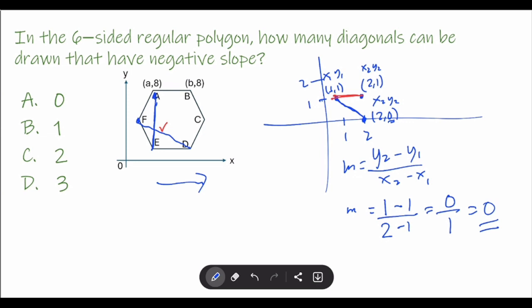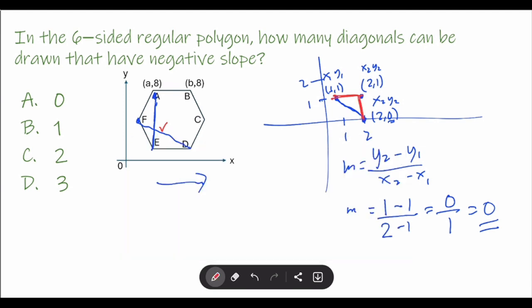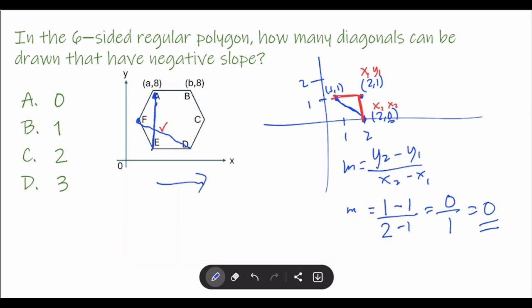If I show you, for example, the 2, 1 in this example, and compute the slope of that, we're going to start from the top and then move downwards, so x1, y1, then x2, y2. The slope of this is actually undefined.